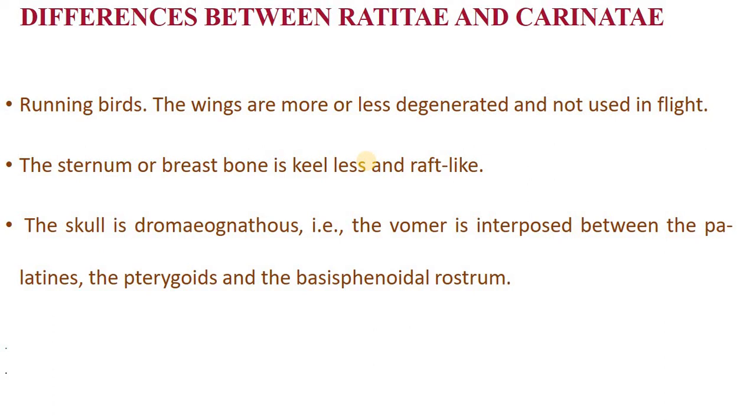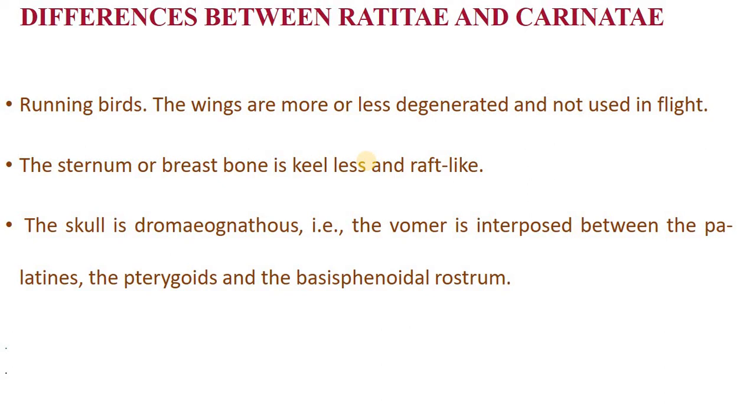The sternum or breastbone is keelless, which is less developed and raft-like. So here in the case of the Ratitae, the sternum is poorly developed. Now, unlike in the Carinatae, the sternum is well developed, and the sternum is a place for the attachment to the flight muscles like pectoralis major, pectoralis minor and coracobrachialis.